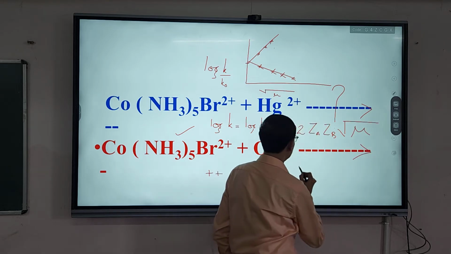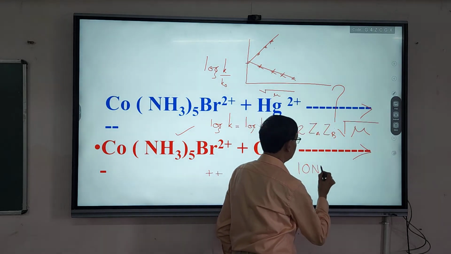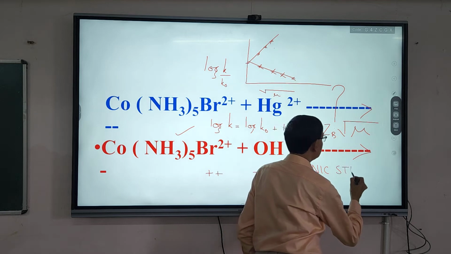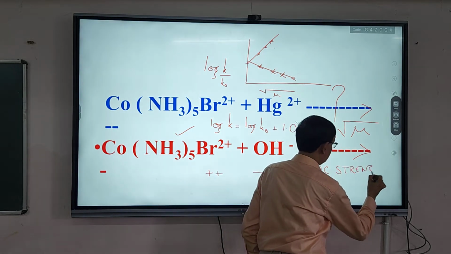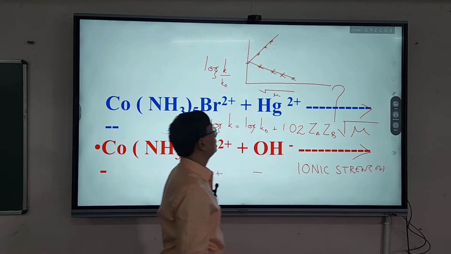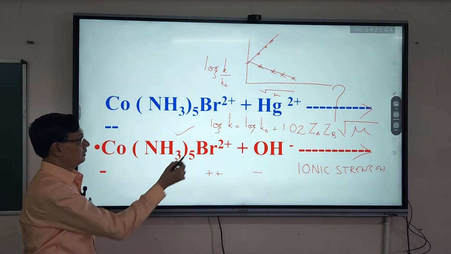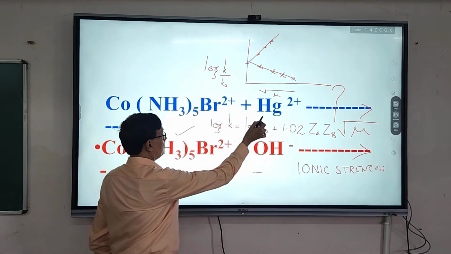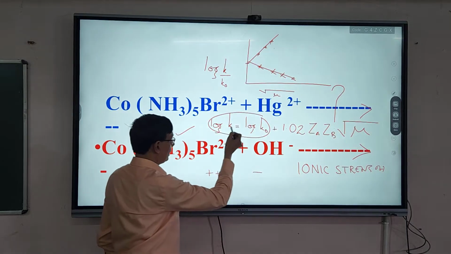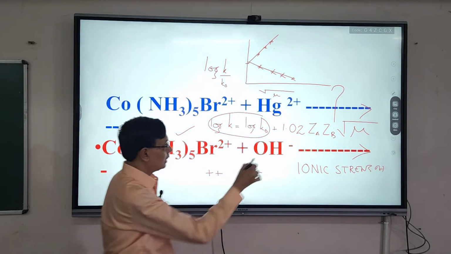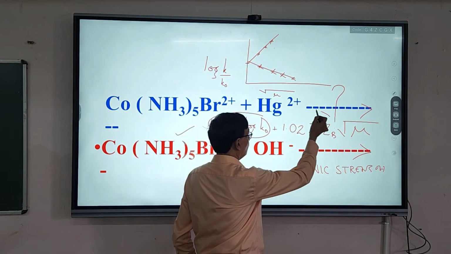Mu is called ionic strength. So I am plotting this log K by K0 against under root of mu. So this is actually our slope value.